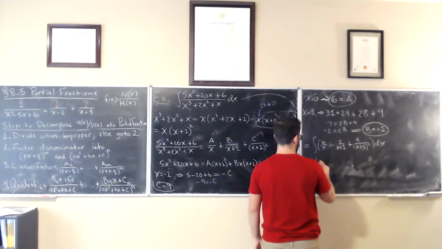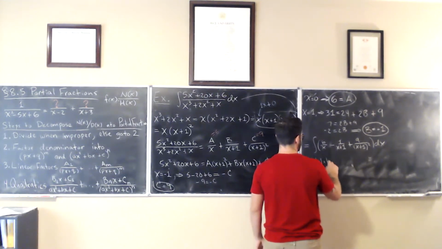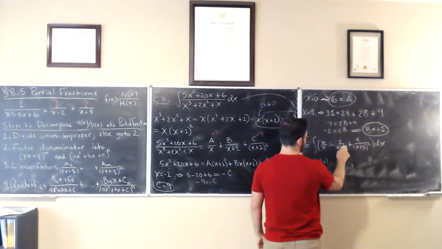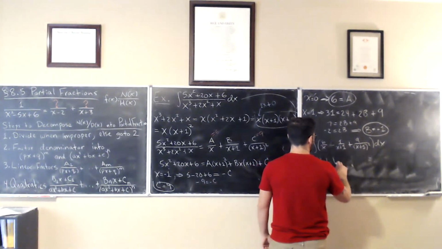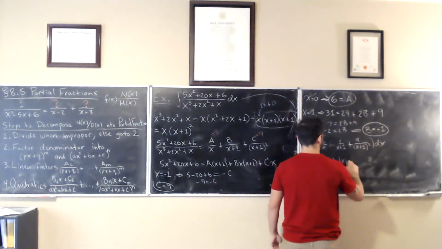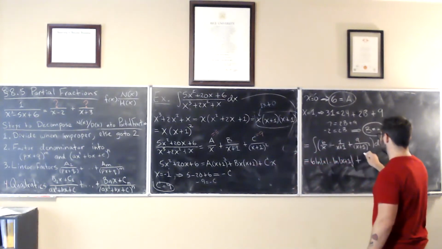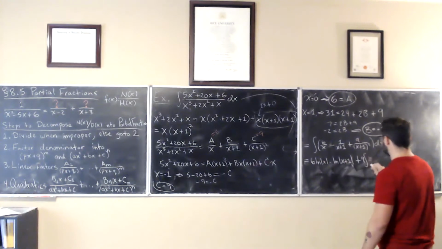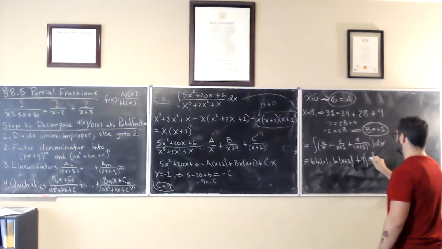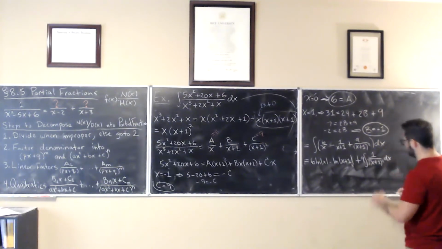It's going to be 6 times the natural log absolute value of x minus natural log absolute value of x plus 1. And then I'll just write the integral out so I don't do anything dumb. So 9 times the integral of 1 over x plus 1 all squared dx, just to be safe.